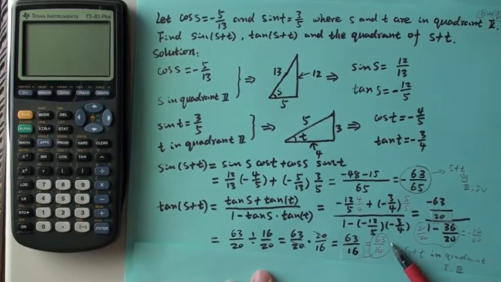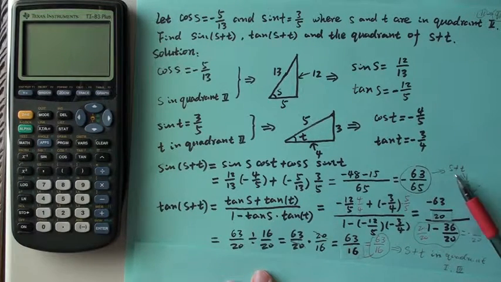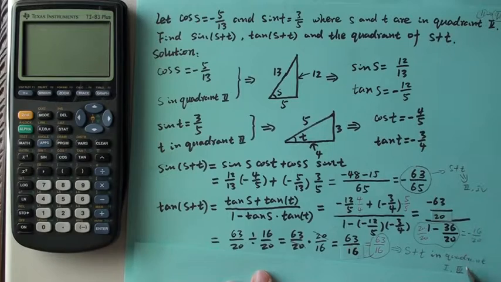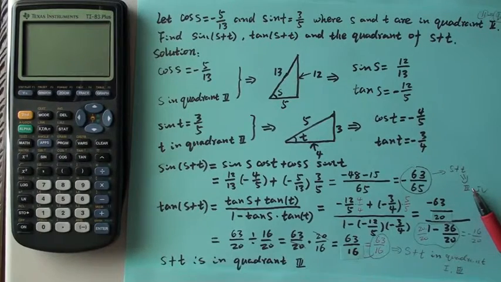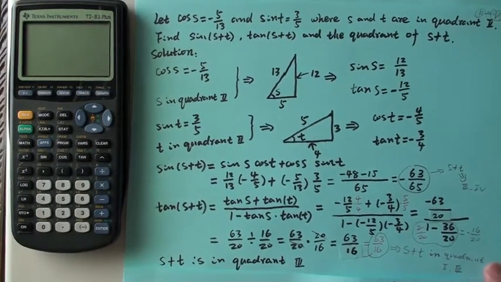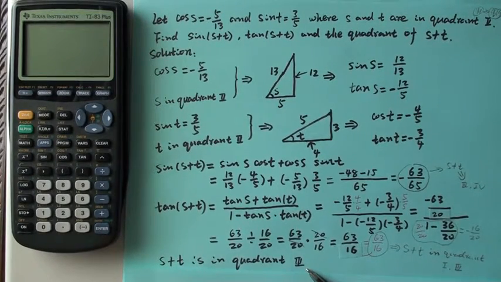So s plus t has to be in quadrant 3, because then it satisfies that sine is negative and tangent is positive. So the answer is that s plus t is in quadrant 3.